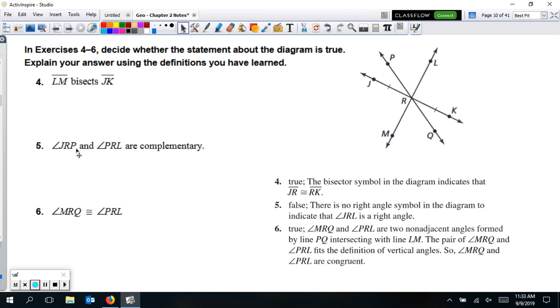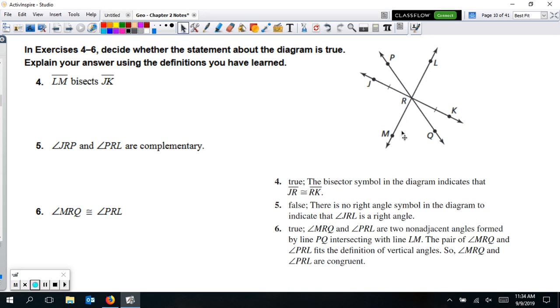Angle JRP and angle PRL are complementary, which means they'll be adding up to 90. Is that true? So JRP, this one right here, and PRL, this one right here. So are they adding up to 90? Well, we're going to say false on that one.